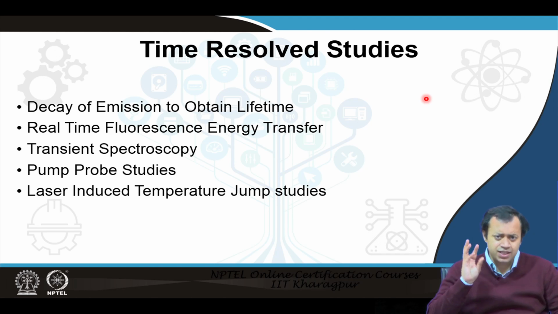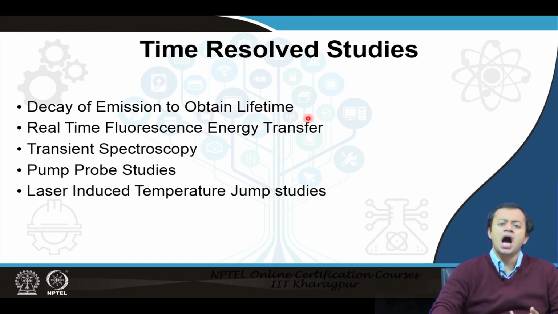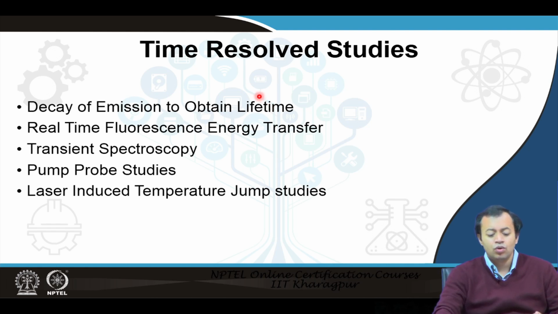I am just giving you an example, this might not be very accurate, but you know what I mean. So, decay of emission to obtain lifetime, lifetime as in how long the molecule, how long that particular electron can stay at a higher level, the time it takes before it returns back to its original position.